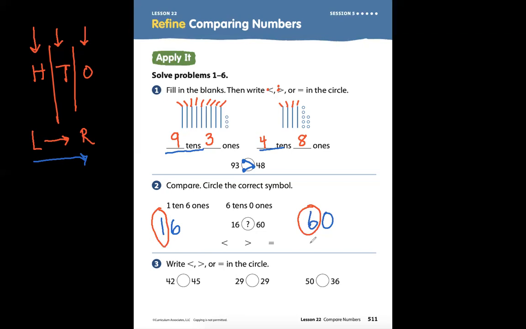6 tens is greater, so I need to find the symbol that will have 2 dots on the side of the 60 and 1 dot on the side of the 16. I will connect my dots, and because I read from left to right, I don't read 60 is greater than 16.